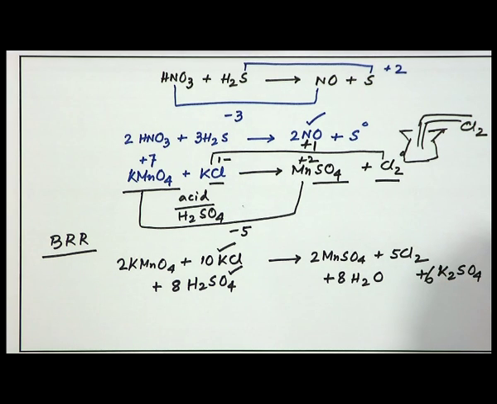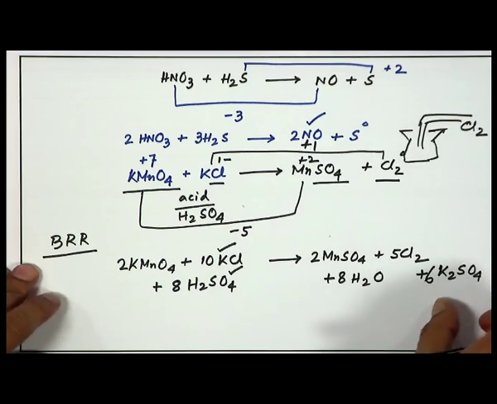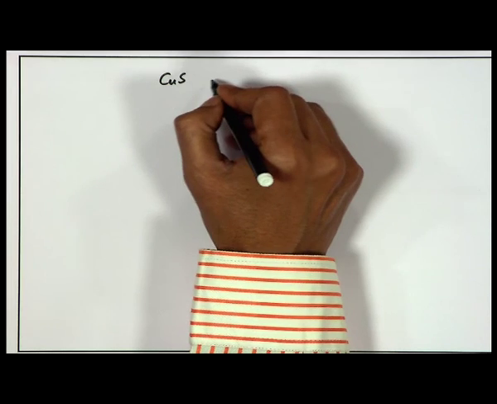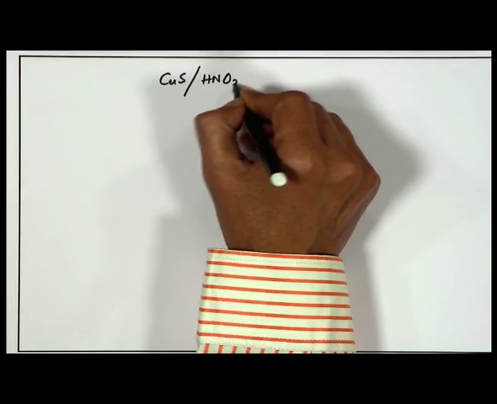So, we can see that balancing is important, and we can work out some other typical examples and jot down these reactions for other species. I will give you some examples, like the reaction of CuS with HNO3.